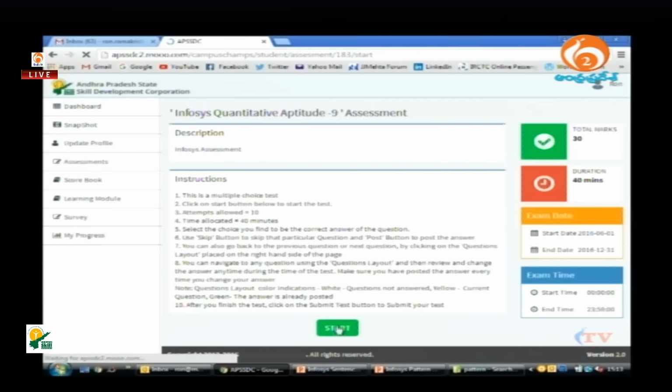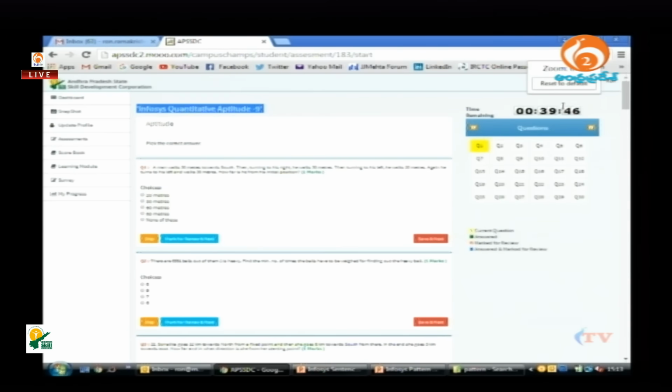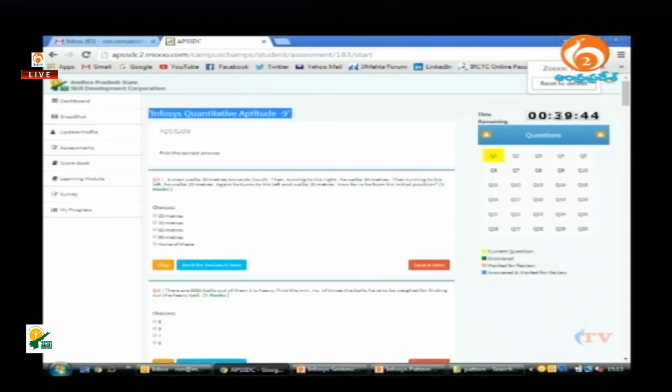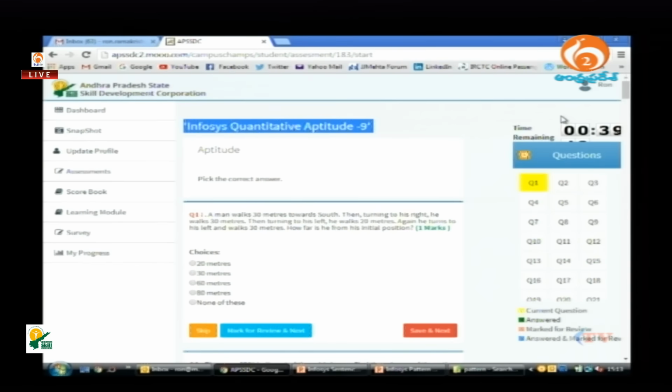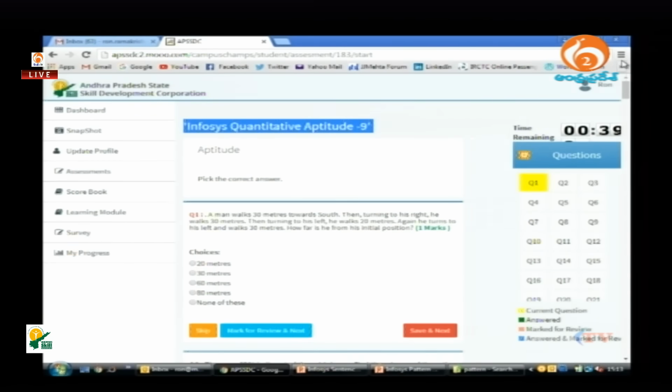When you click on start, since I'm on a particular assessment which is number 9, the clock has already started ticking. If I de-zoom it a bit, you see the clock is ticking here. So this will help you track how much time you have spent and how much time you are left with.